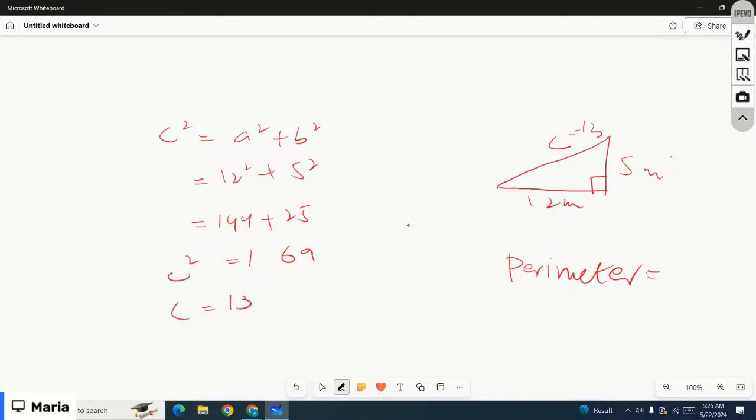Now you have all the sides. You need to calculate the perimeter. So simply add 13 plus 12 plus 5. So the correct option is 30. The perimeter is 30.